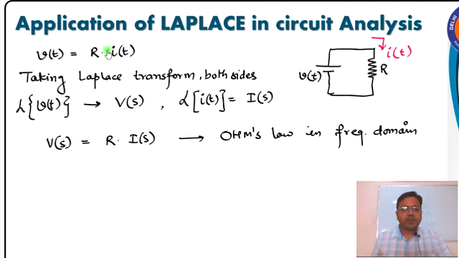Current becomes I of s, and the resistance does not change. It means if a resistance is represented in the frequency domain, it will again be a resistance only. Its property does not change whether we refer to the time domain or the frequency domain.